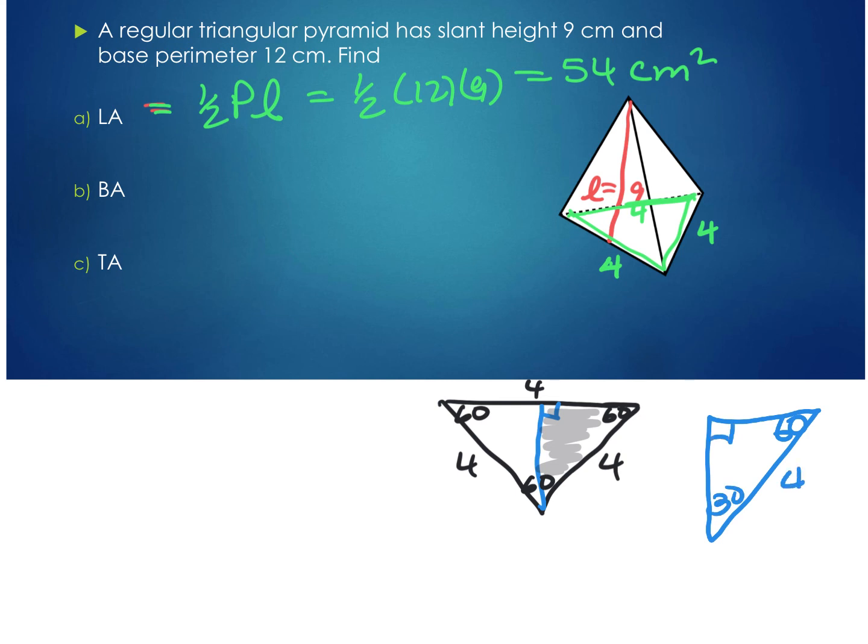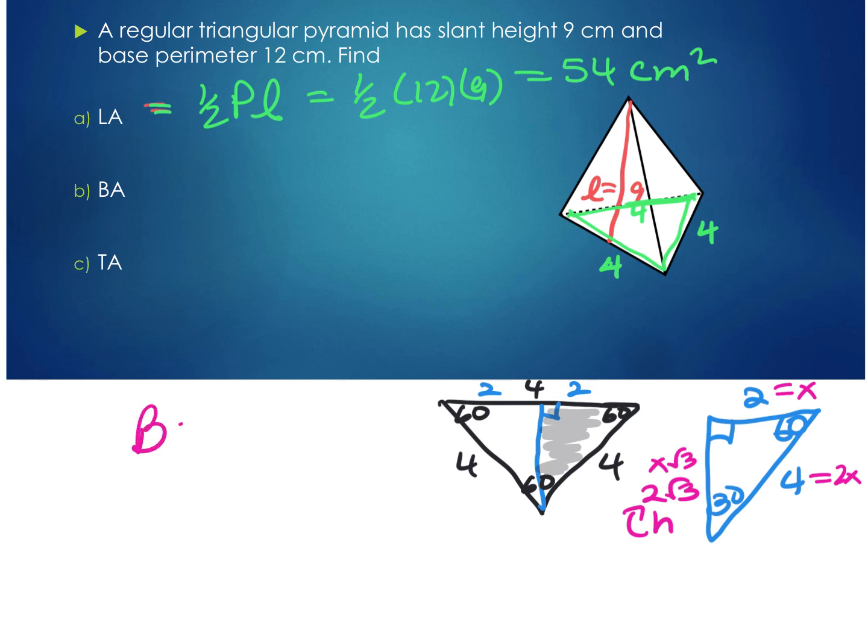And we knew this was 4. This one got split. It was 2 and 2. So now the height of my triangle, remember you're memorizing these sides to be, this side is x. This would have been 2x, and this is x root 3. So 2 square root 3 is the height of the triangle base.